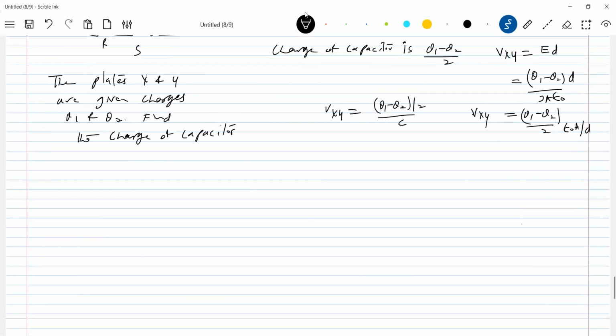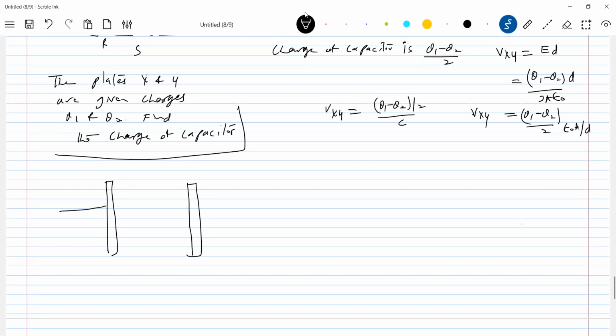So after closing the switch, this charge will remain as it is.